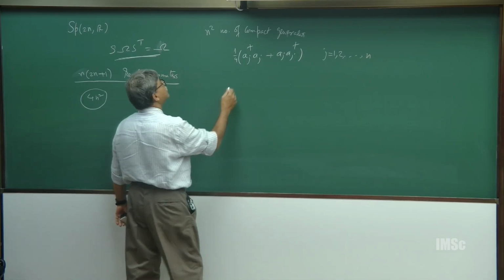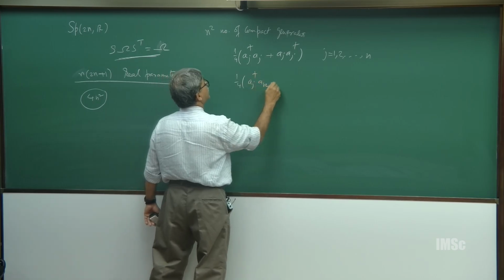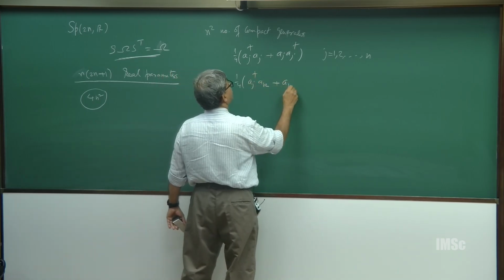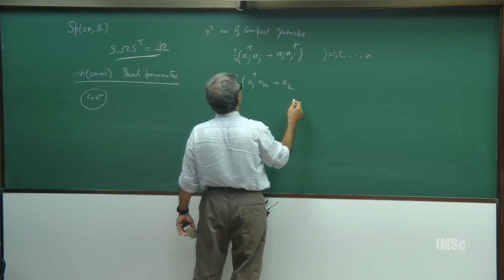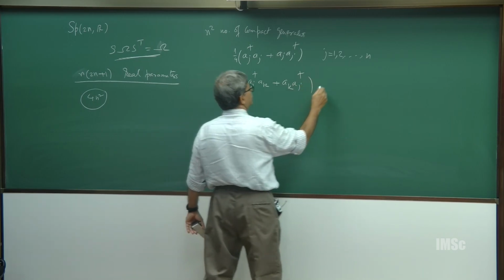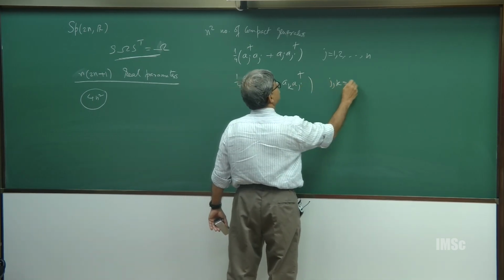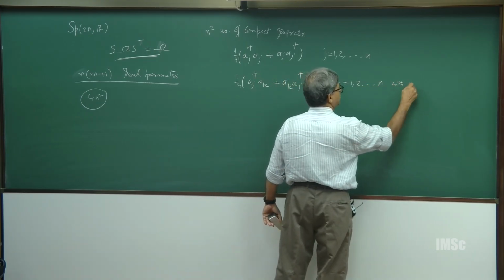Then you have 1 upon 4 (aj dagger ak plus ak aj dagger) for j and k equal to 1 to n with j less than k.